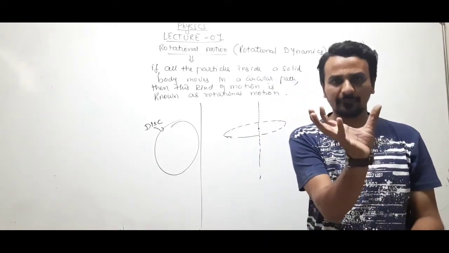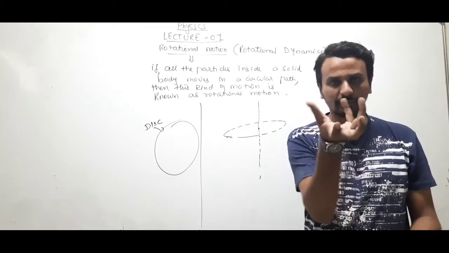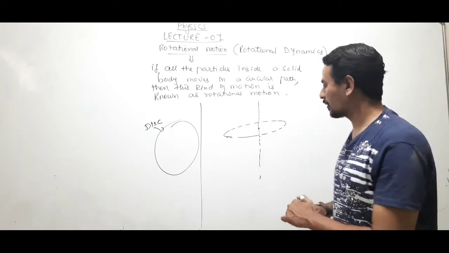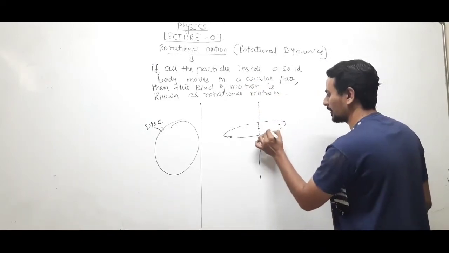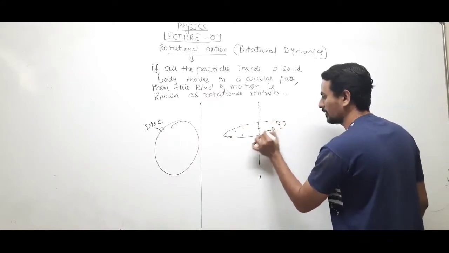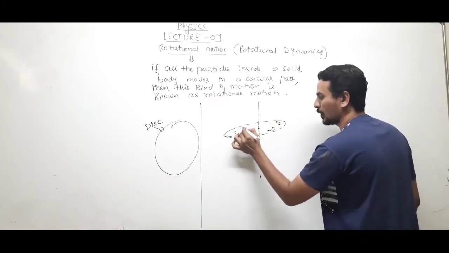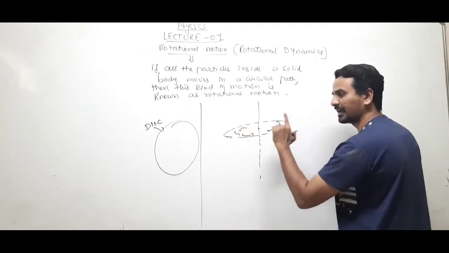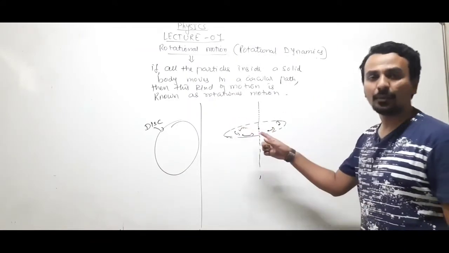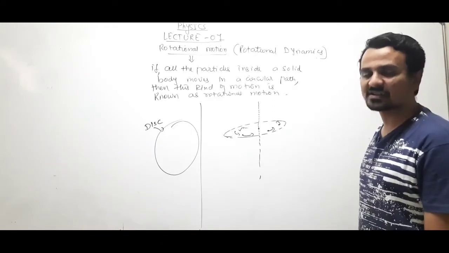Now if the body is being allowed to move this way or this way, then all the particles of this solid body will be moving this way, right? That means all the particles of the body will be performing circular motion along with the body, and this kind of motion is known as rotational motion.